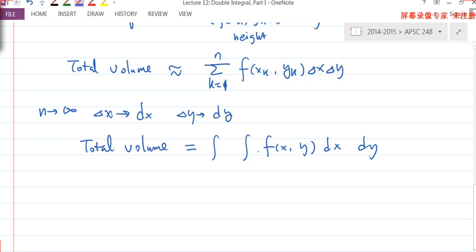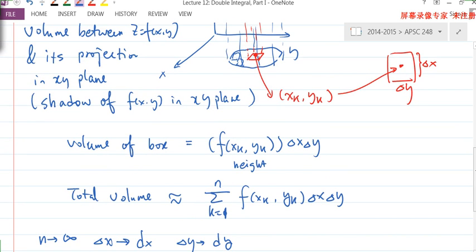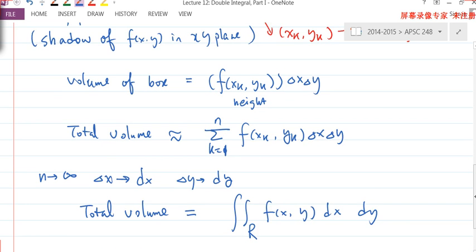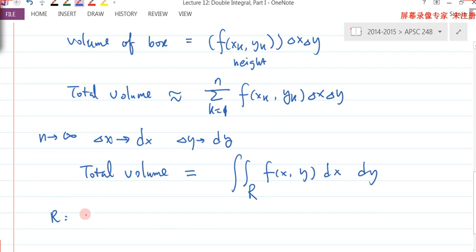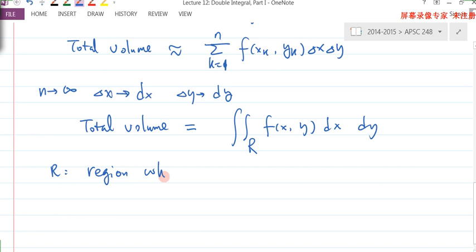I want a general expression. So all I need is a double integral, and I'll just use the R here to indicate that this is my shadow region. R is defined as the region where z equal to f of x, y is defined. Simply put, R represents the shadow.